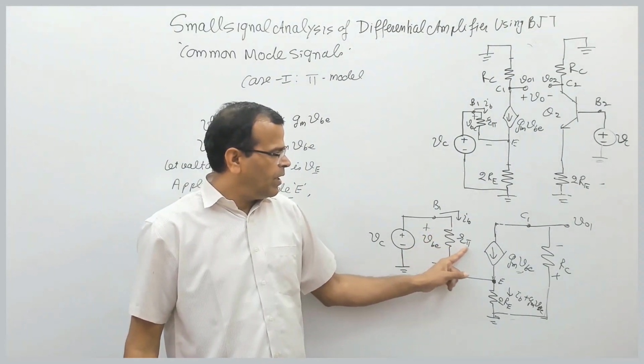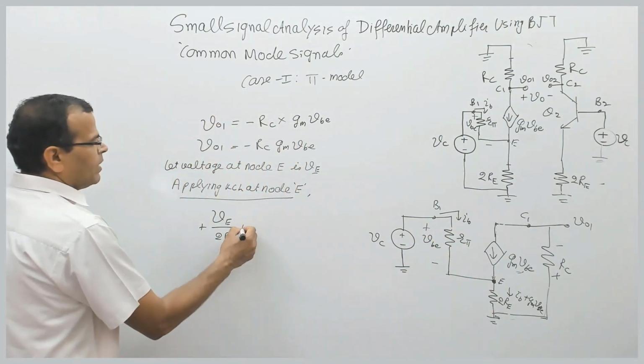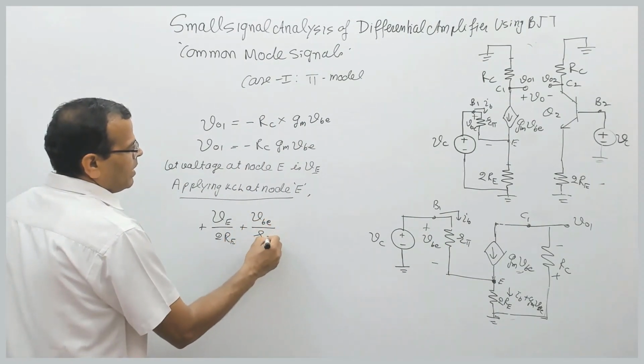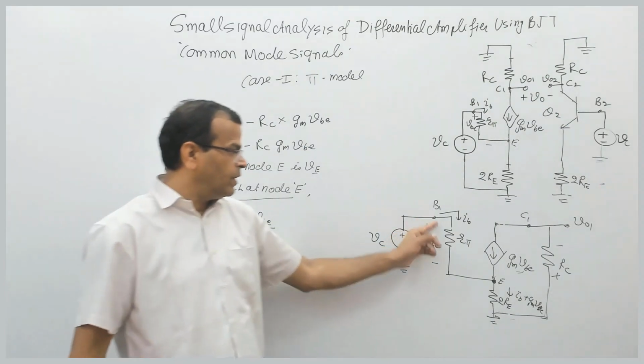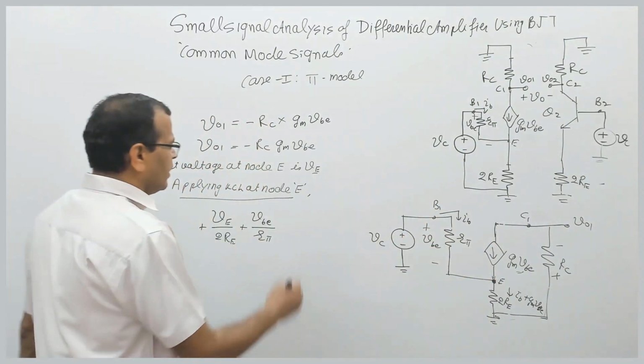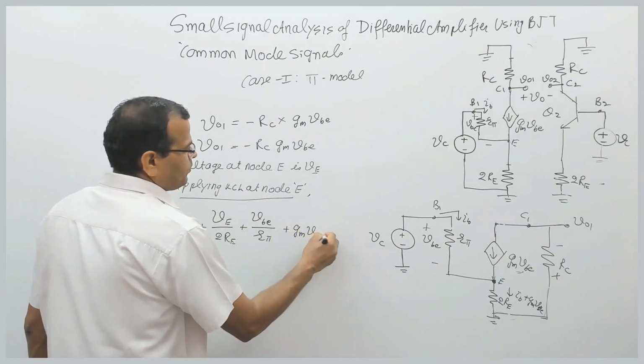That is outgoing current, so I'll be taking a plus sign here. Voltage VBE divided by r pi is the current coming this way. That is IB, the base current, coming this side. And this current, that is incoming current, is gm into VBE.